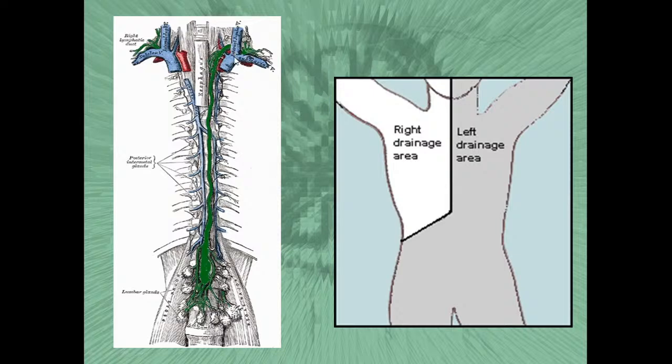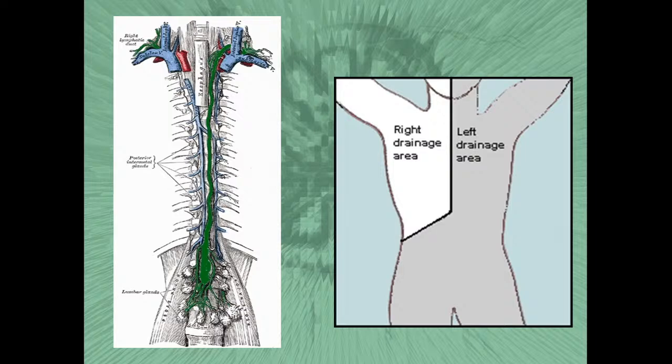By this way, lymph returns back to the venous system. Right lymphatic duct is much shorter. It's usually 2 centimeters long, and sometimes it's completely absent.